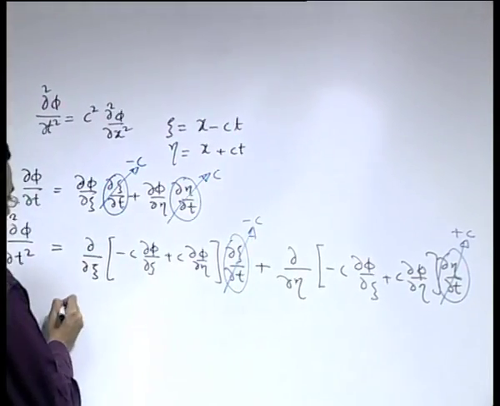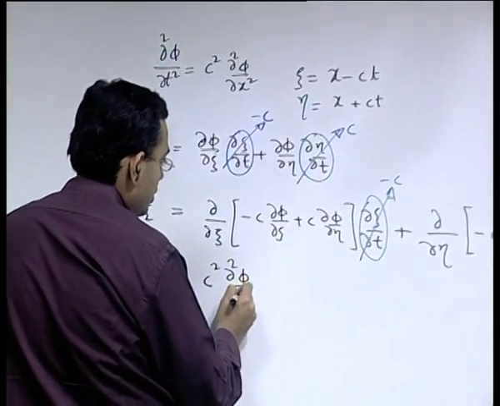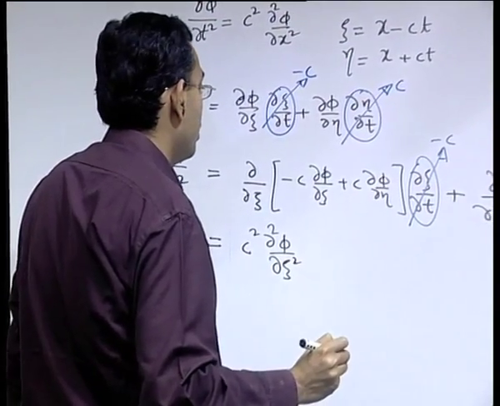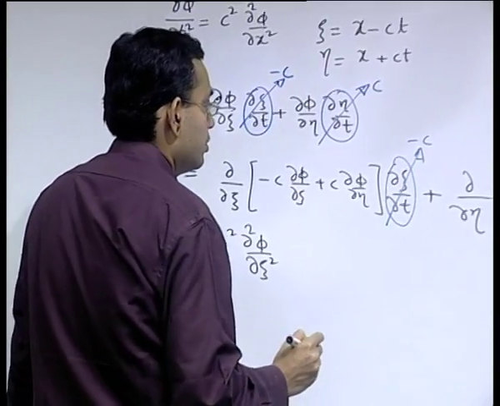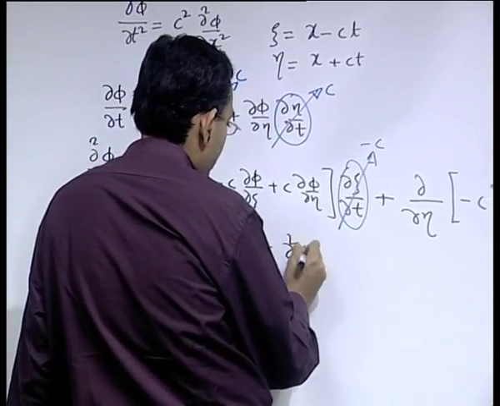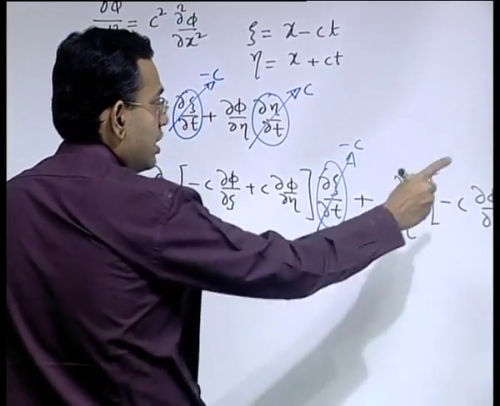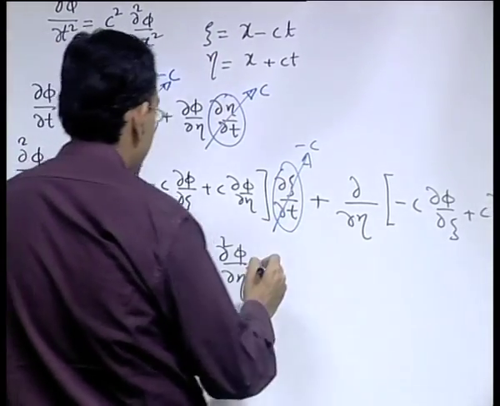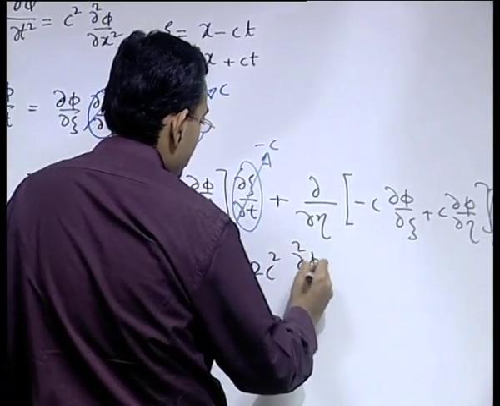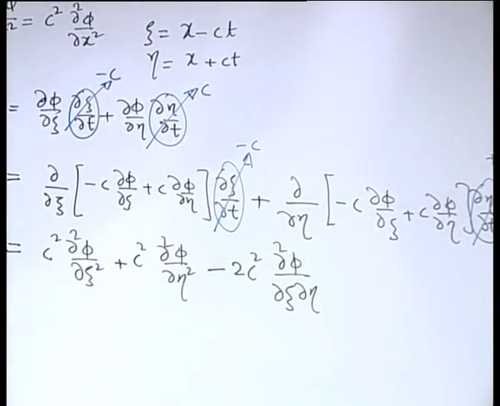So, it becomes c square del square phi del zeta square plus c square del square phi del eta square, minus 2c square, there are two such terms, del square phi del zeta del eta.